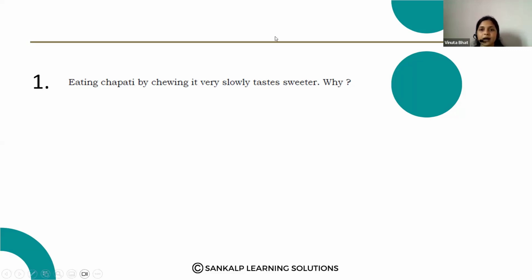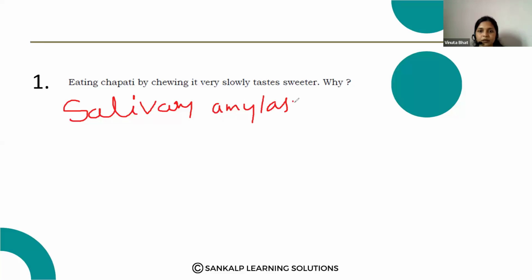Because in our mouth, the enzyme salivary amylase breaks down the carbohydrate which is present in the chapati.